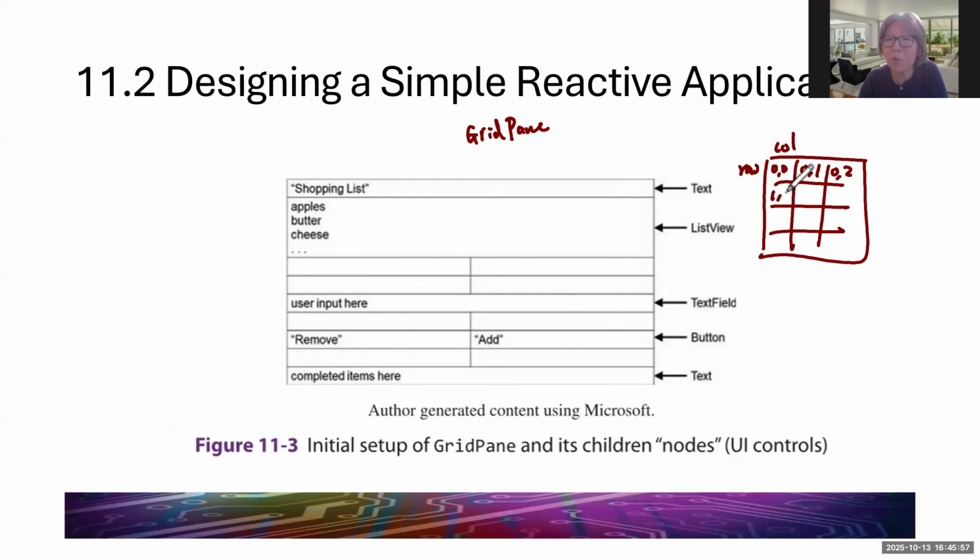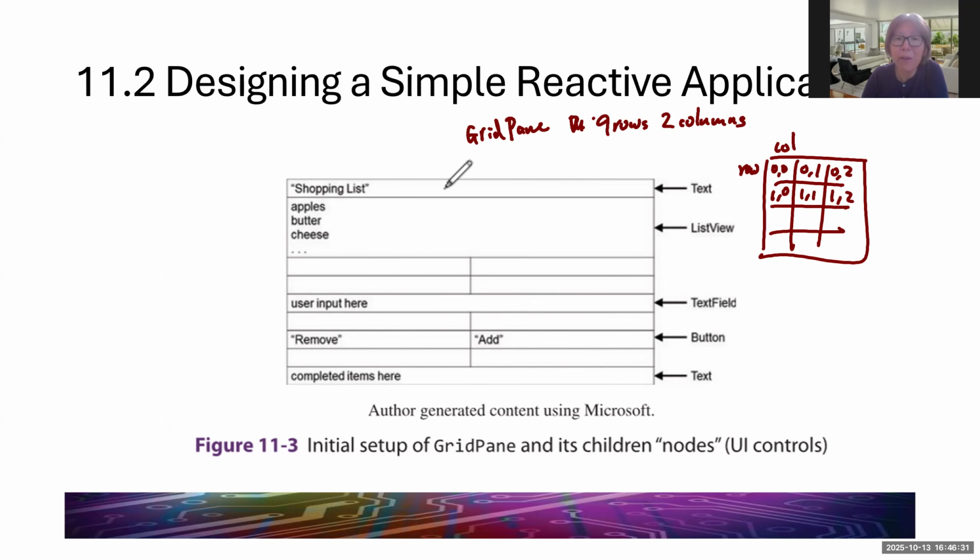This is row 2, first column, row 2, second column, and row 2, the third column. In this case, for the first example, the grid pane is 1, 2, 3, 4, 5, 6, 7, 8, 9.